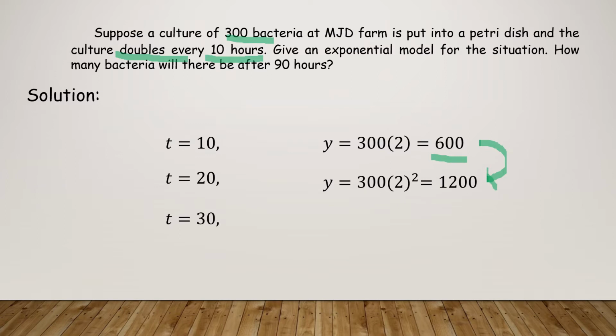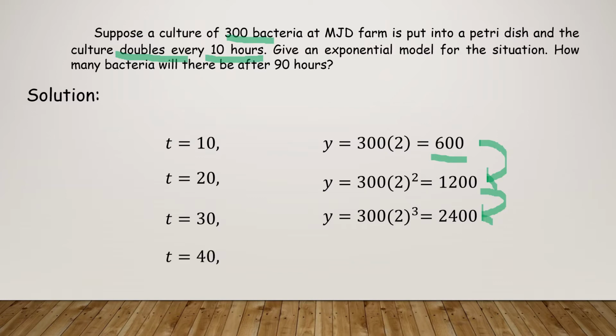When time is equal to 30 hours, we have y is equal to 300 times 2 cubed, equals 2,400, or i-double lang uli natin yung 1,200 times 2, equal lang din siya sa 2,400.